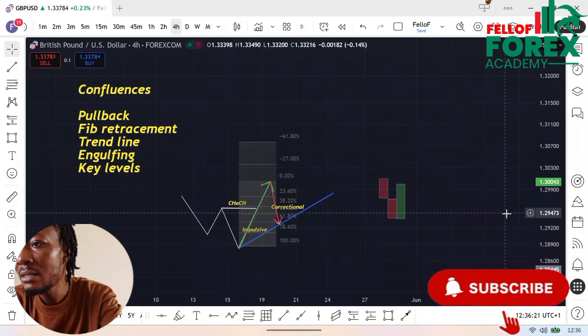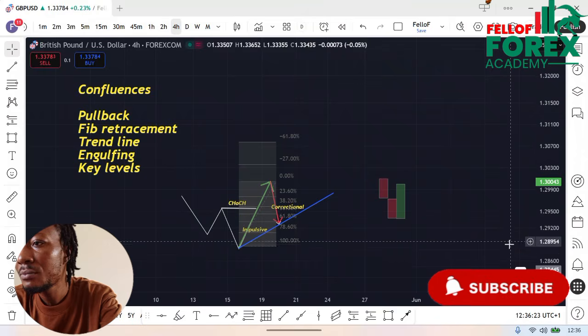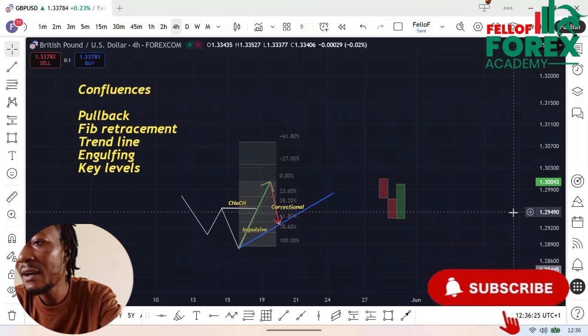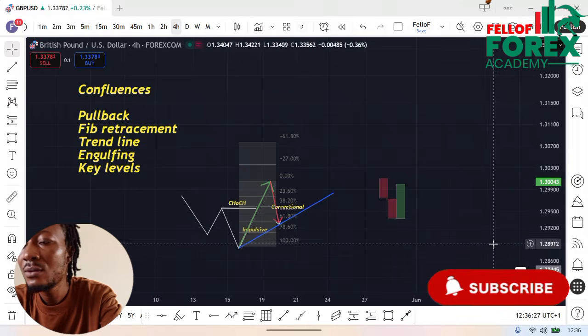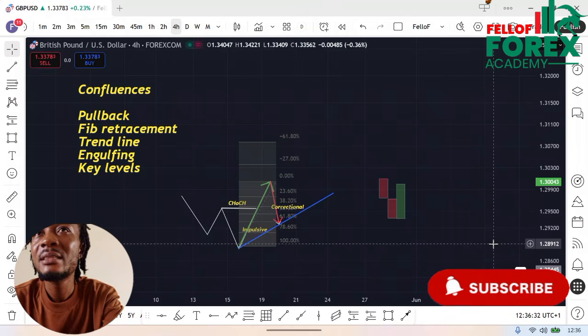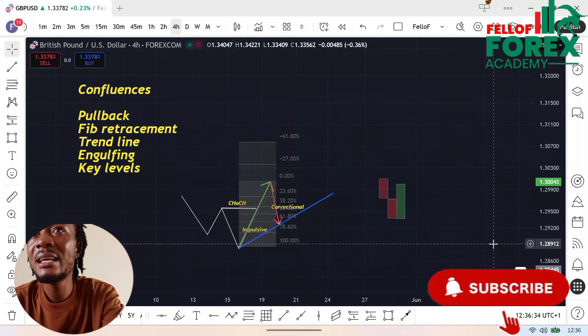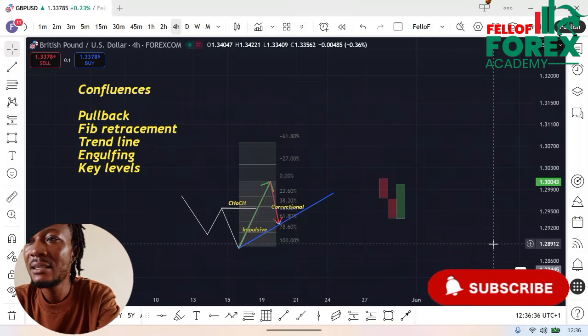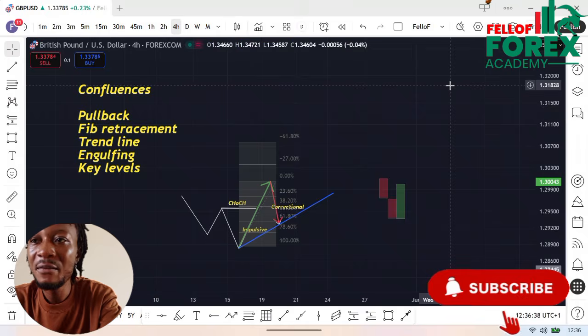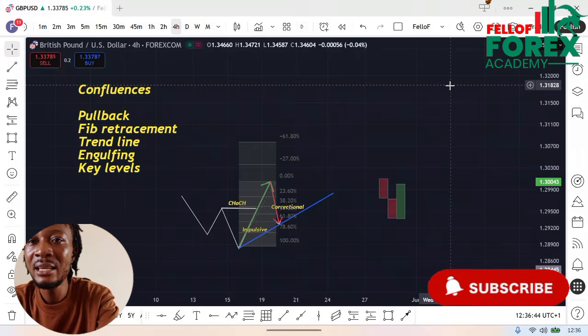When you see these round numbers like 1.29500, 1.29, 1.30, 1.3500, 1.60, the key levels. I have a whole video telling you about key levels, because you can use it as a strategy on its own, and you can also use it as a confluence. These are some of the confluences I use.